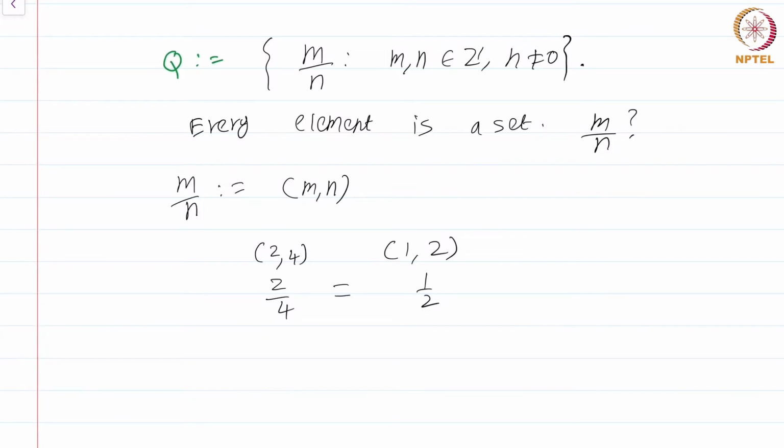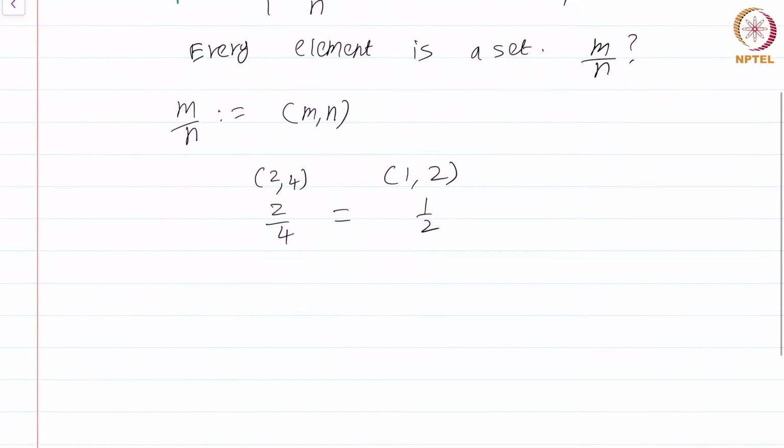So many elements in this collection of rational numbers, defined as ordered pairs (m, n) from integers where n is not 0, are themselves equal. So it is nice if we could somehow redefine what equality means in a set. And the notion of equivalence relation does this precisely. It is designed to actually make precise such things.